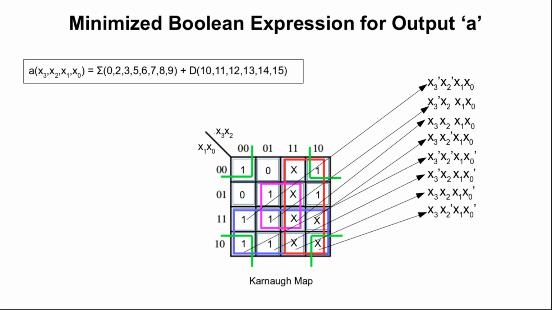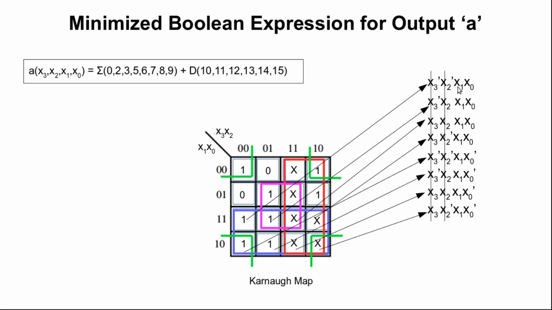So now we have listed all the minterms for each of the 8 cells of the group. If we look at x3, it appears in the complemented form and also in the uncomplemented form, and hence we can discard this variable. x2 also appears in both complemented and uncomplemented form, so we can discard x2 also.